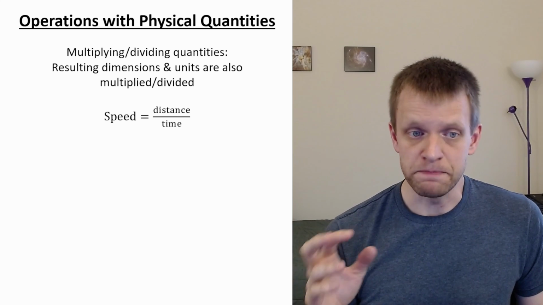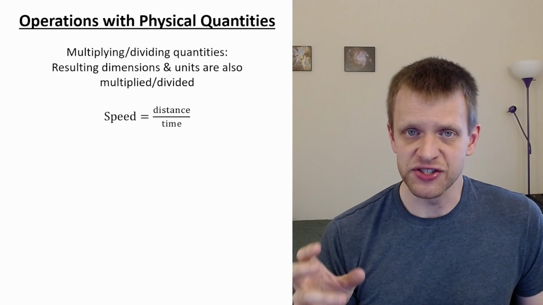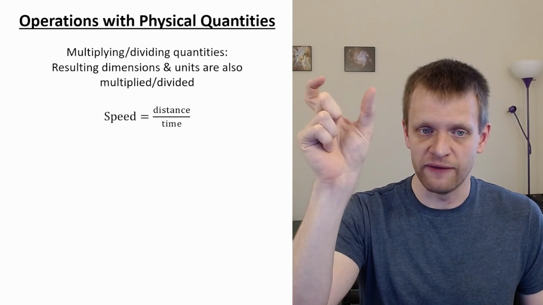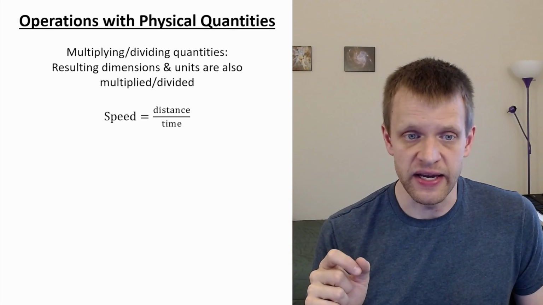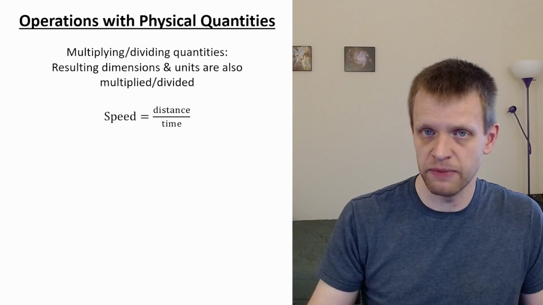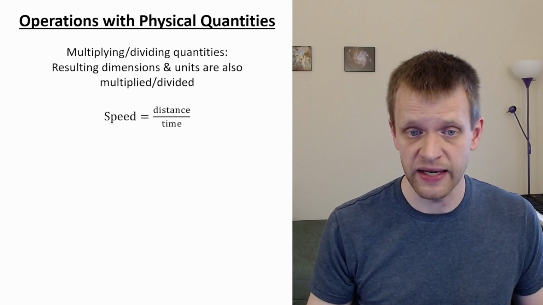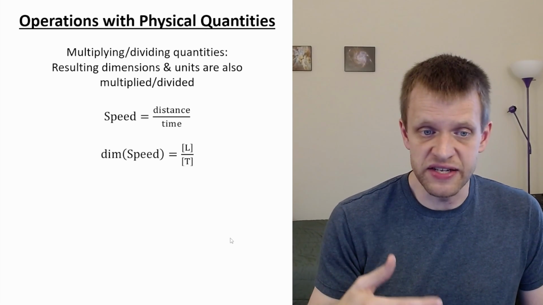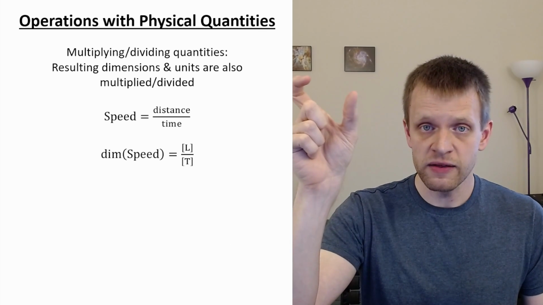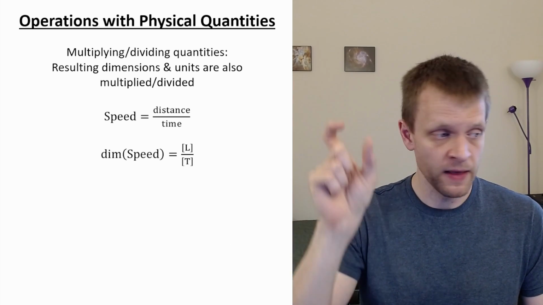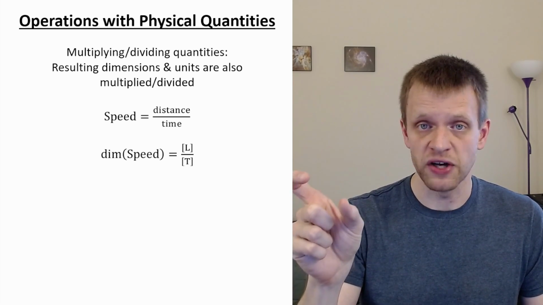If we're looking at a speed, speed is defined as how far did you travel, what is the distance that you traveled, divided by how long did that take. So it's a distance divided by a time if we want to get a speed from that. Well, that means the dimensions of speed is going to be some kind of length, the dimensions of distance, divided by some kind of time.